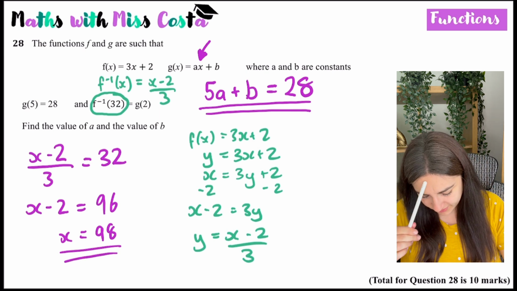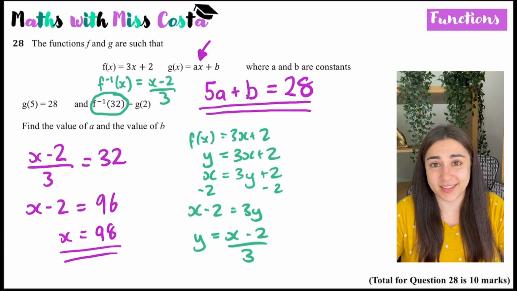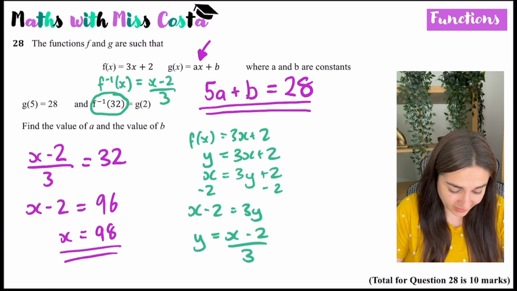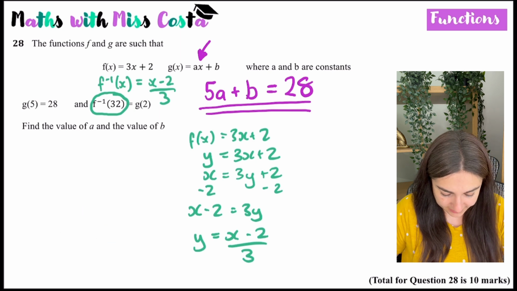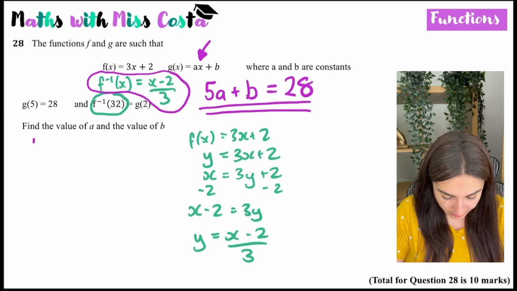Hold on. No, I'm really sorry, I'm very tired. Okay, so ignore what I just said. This part is fine. I then know that f minus 1 of 32 is equal to g of 2.